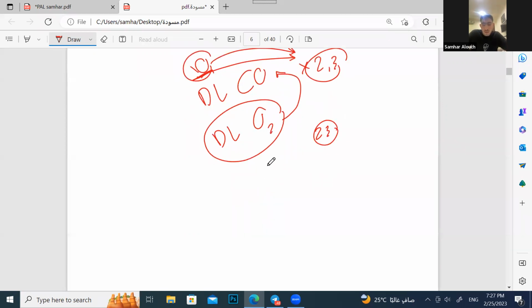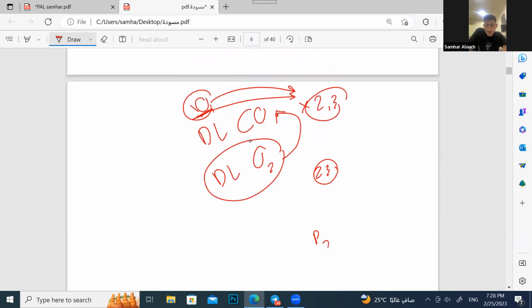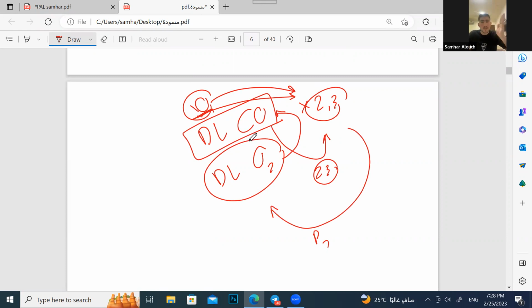So now we finally found a way to calculate the DL of O2. First, we couldn't because the PcO2, the pressure in the capillary, is unknown because it increased. So we can't know which number. But once we calculate the DL of CO and multiply it by 2.3, we can find the DL of O2. I remember this was a question in our TBL, or the finals: which of the following gases is used to measure the DL of O2?